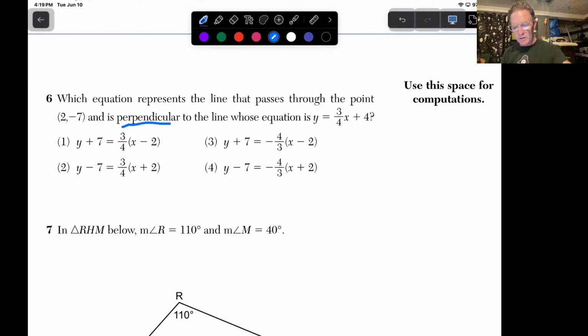And by the way, if this were me and you have access to a Desmos graphing calculator for this, I would just use that. If you don't, we can do it this way too. So if I know it's perpendicular, so this is my slope. So the perpendicular slope, you take the opposite reciprocal, you flip the fraction and change the sign. So it would be -4/3.